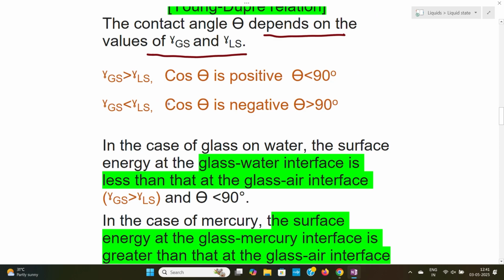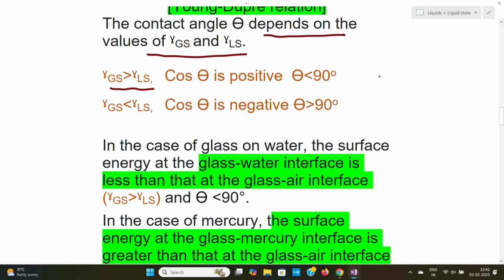If gamma Gs is greater than gamma Ls, that is, when the surface energy of the gas-solid interface is greater than the surface energy of the liquid-solid interface, cos theta is positive.